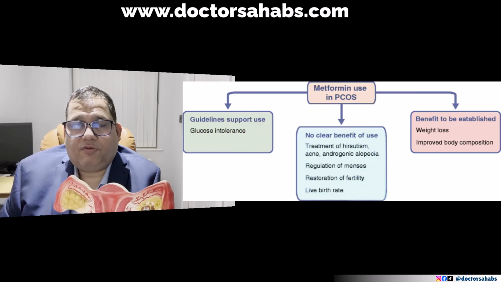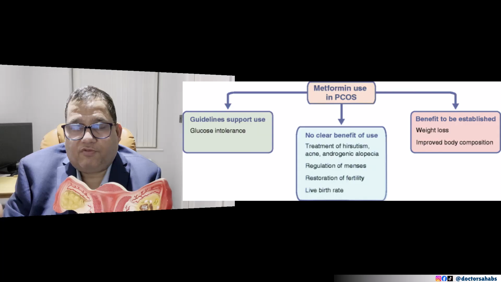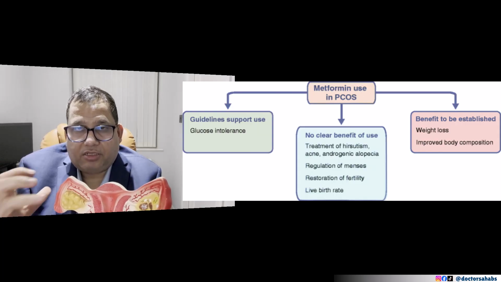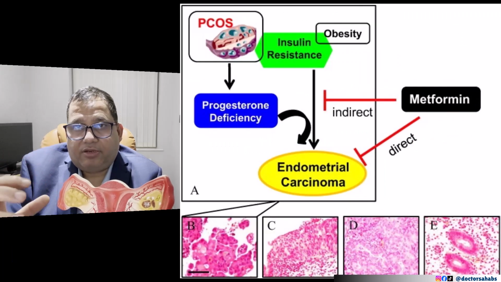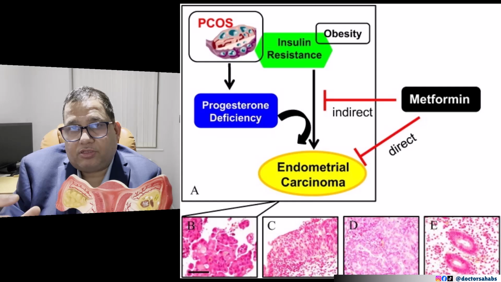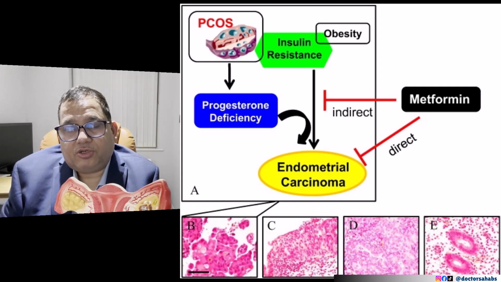The main aim of using metformin is to protect the patient from developing diabetes mellitus, because in diabetes the sugar level and HbA1c levels are usually high, but in polycystic ovarian syndrome, due to insulin resistance, their sugar level is high.